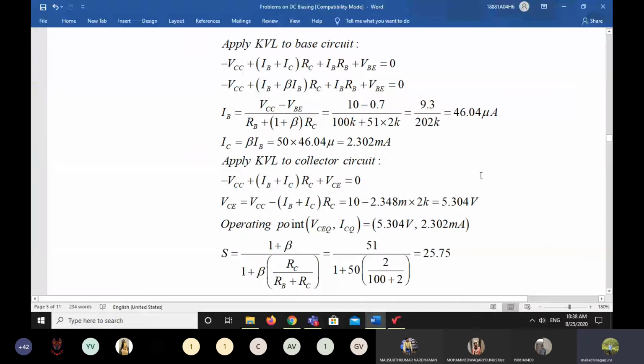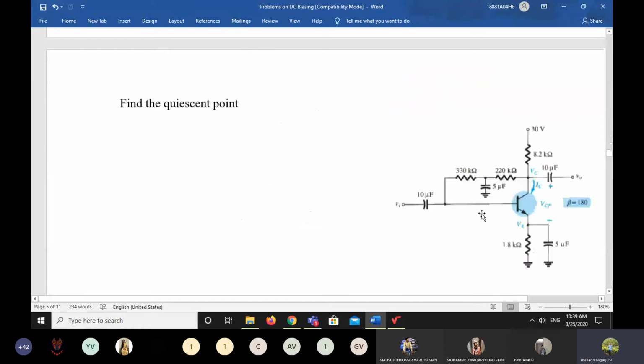This is the solution for this. Okay, so the next problem is this.